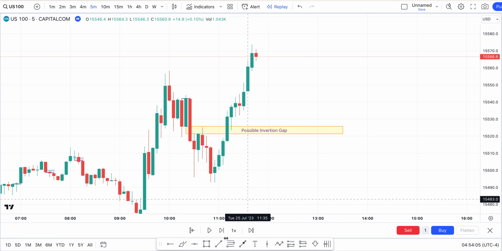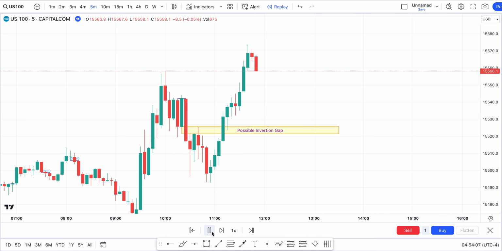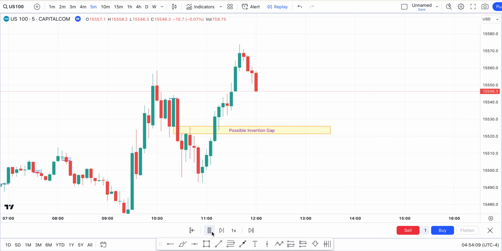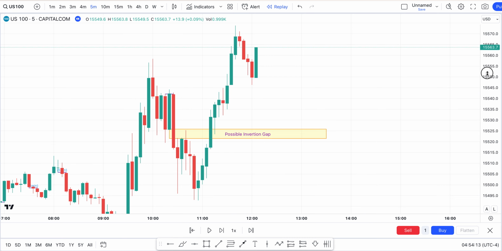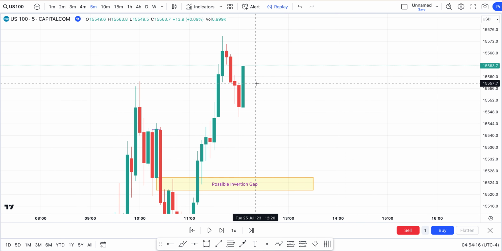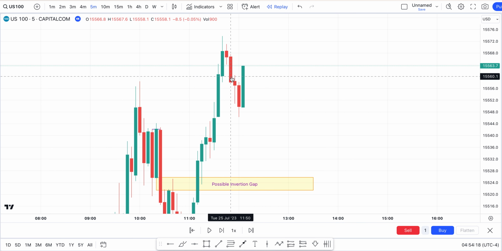No, not seeing any other areas. Okay, there you go. This low comes in at 15558.1. This high comes in at 15558.2. Perfection.